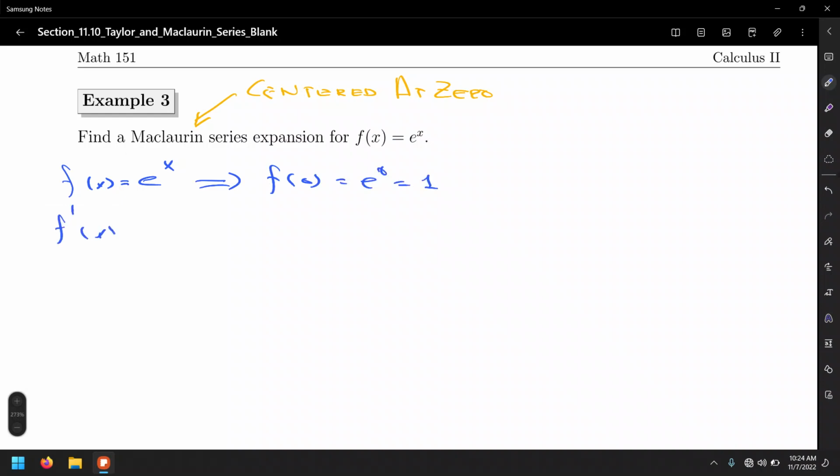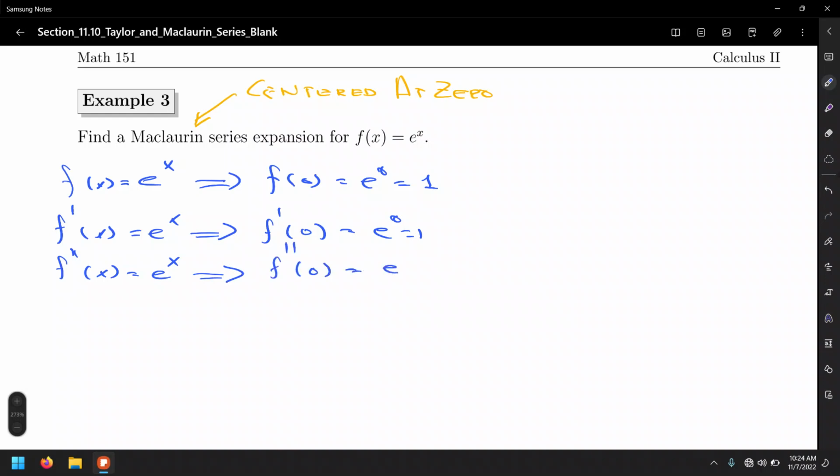Take the derivative, f prime of x, that's also e to the x. Evaluate f prime at 0, that's e to the 0, which equals 1. F double prime, it's also e to the x. F double prime at 0, that's e to the 0, which is 1.